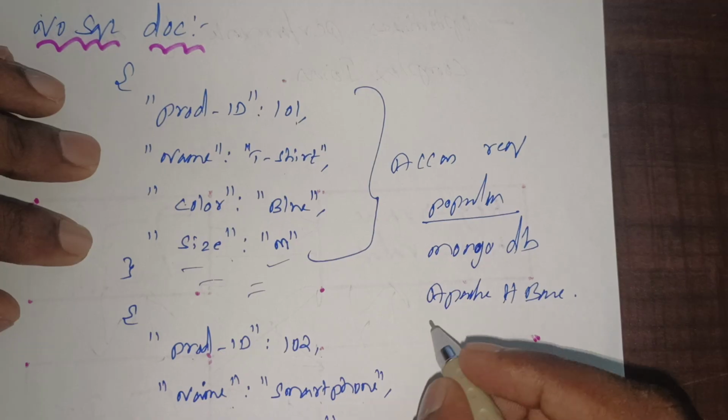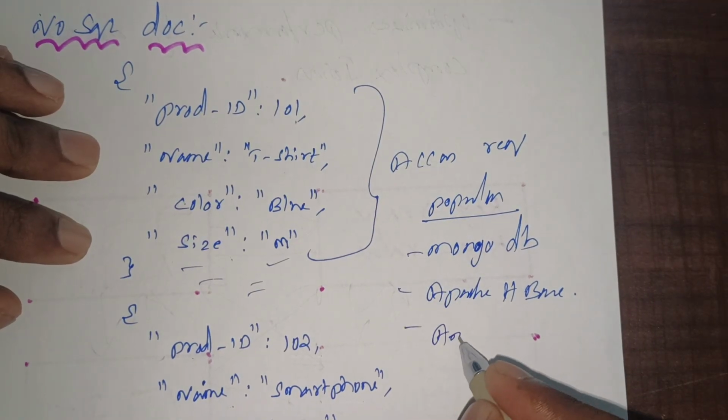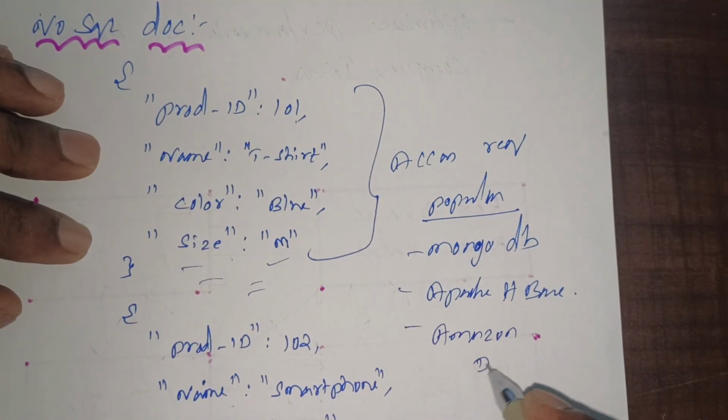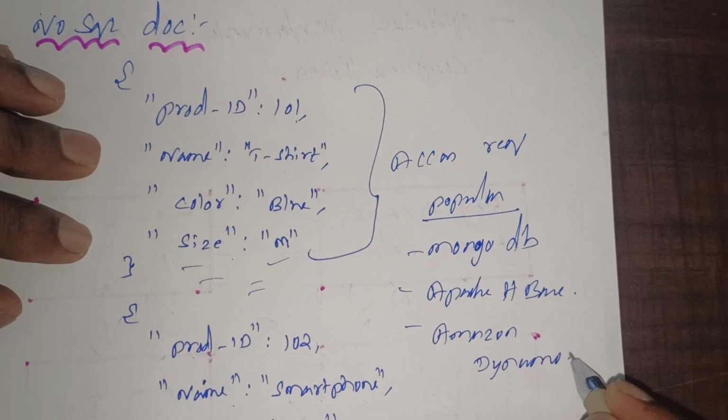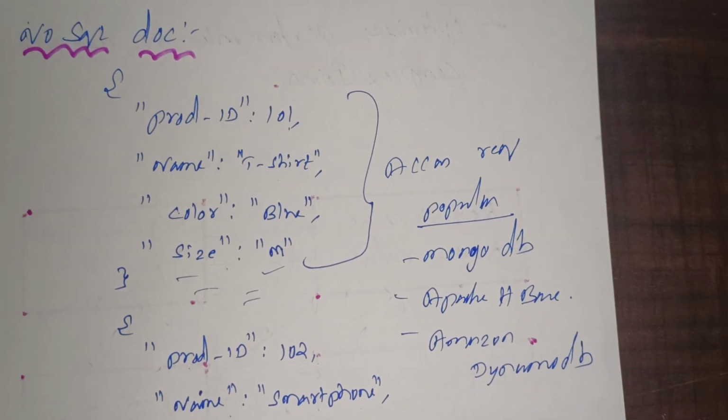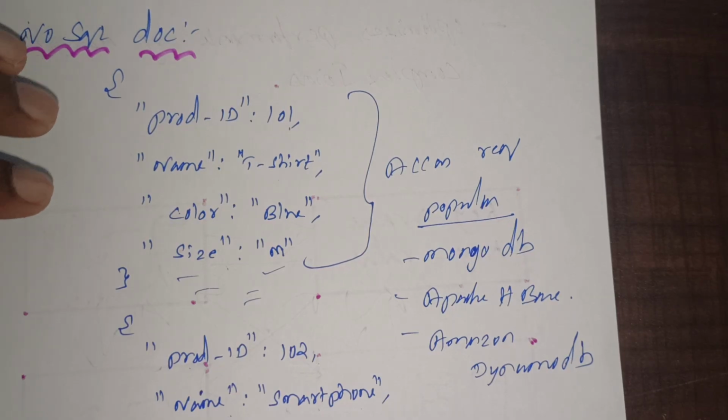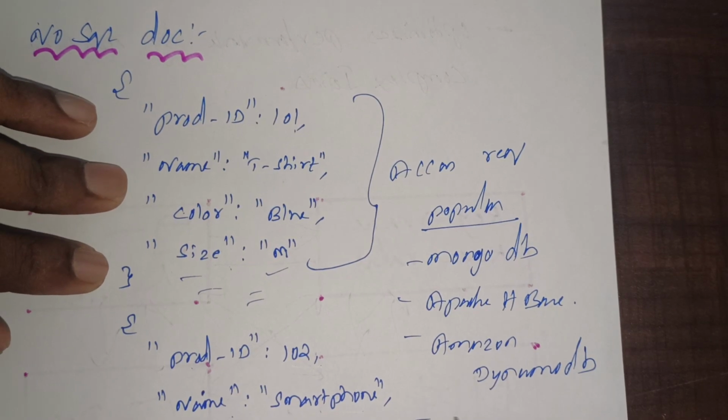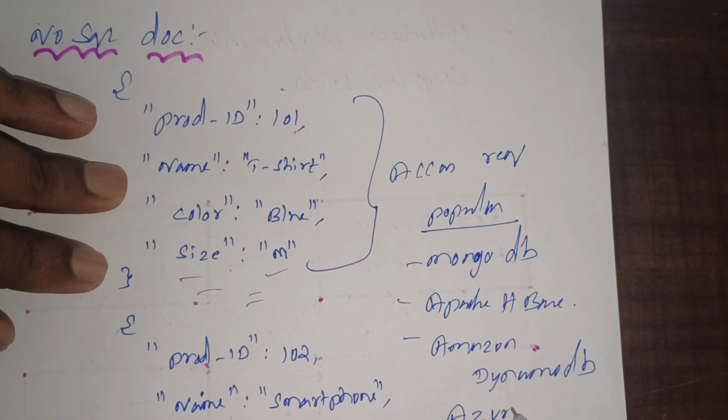And then we have one more, Amazon DynamoDB. I hope you remember this, which is most used in e-commerce, right? So I have taken the e-commerce structure here. And also most used is Azure Cosmos DB.